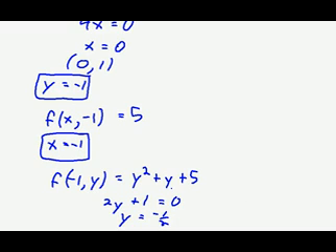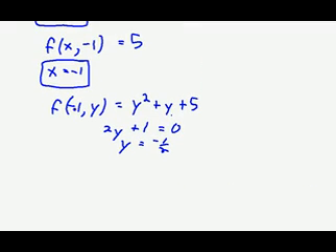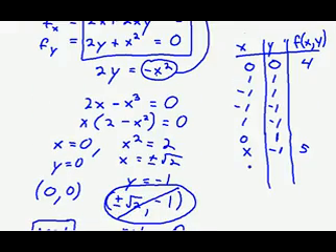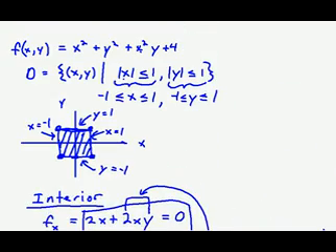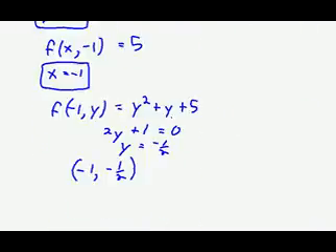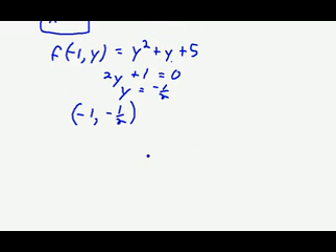So your critical point will be (-1, -1/2). Put that in the table. And then finally, if you let x equal positive 1, the right-hand border, plug positive 1 into the function.